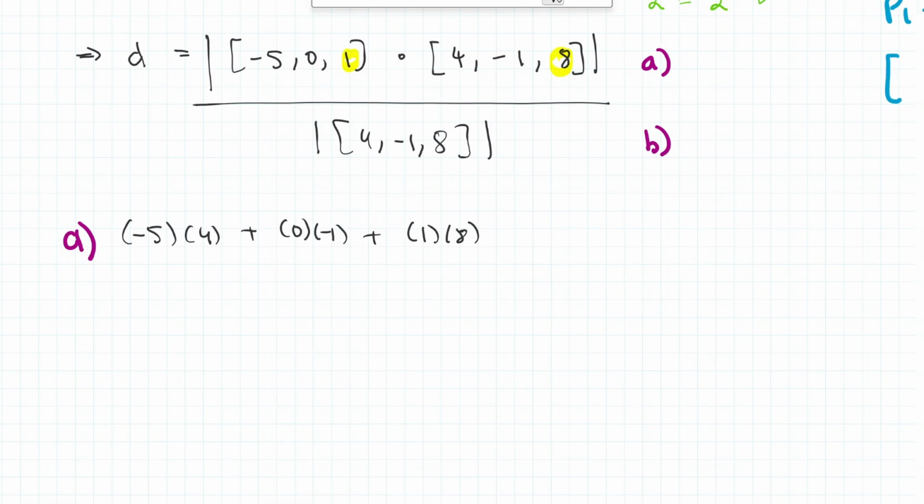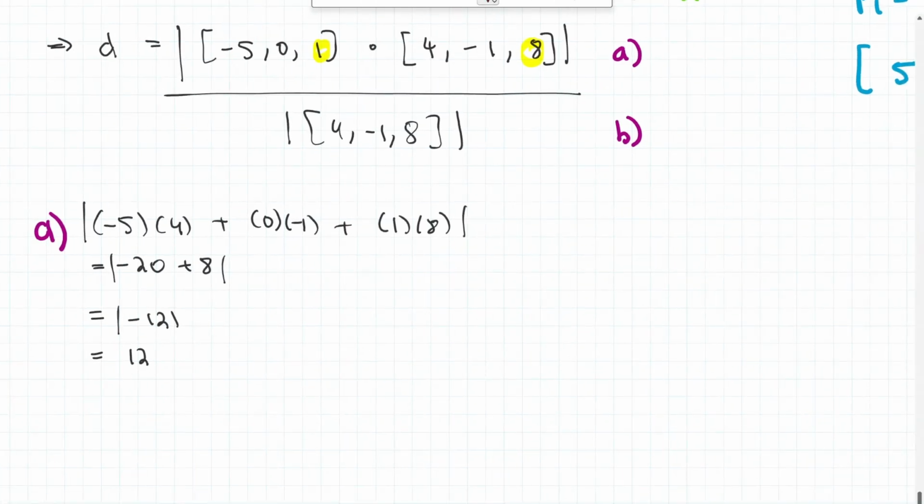What does this give us? This gives us -20 plus 8. Remember we still have our absolute value signs around this. So -20 plus 8 is -12, and since we have the absolute value signs, this is equal to 12.